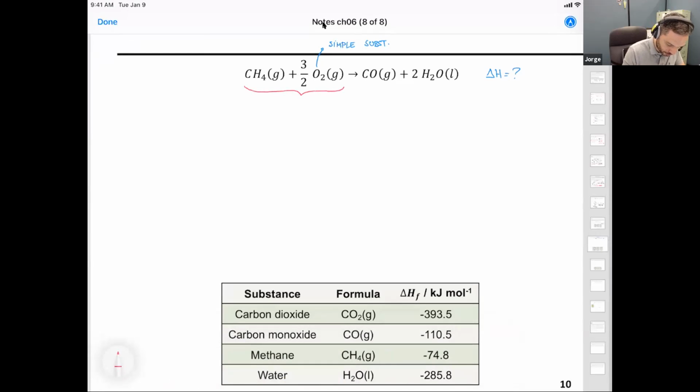The energy of the reagents is going to be 1 times the delta H of formation for methane, because that's the energy of 1 mole of molecules of methane. From the table, that's minus 74.8, plus the energy of 3/2 of oxygen molecule, which is 0.